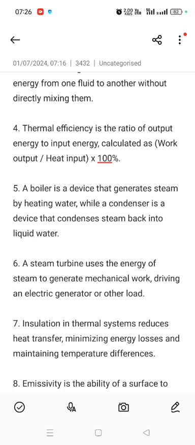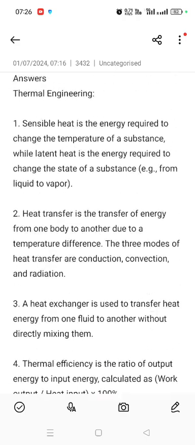It actually converts hydraulic energy into mechanical energy, and further devices connected to it convert this mechanical energy into some useful form, like we connect a generator for converting mechanical energy into electrical energy. Now next question.